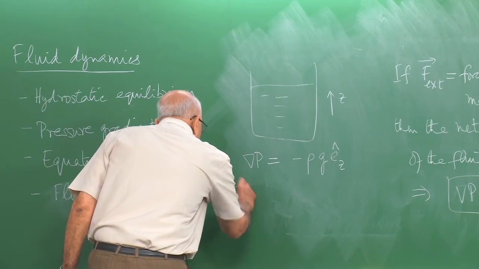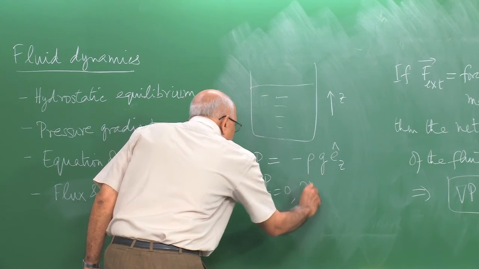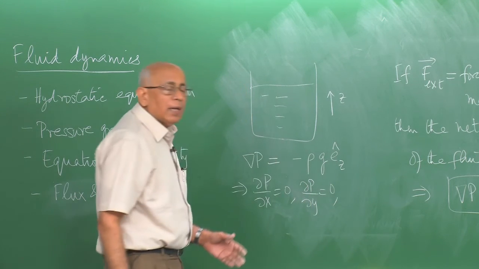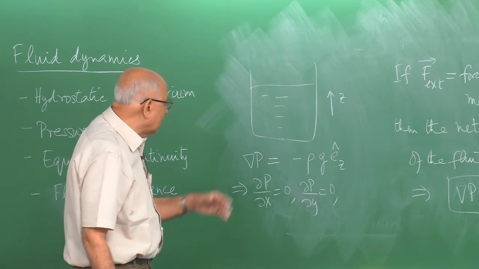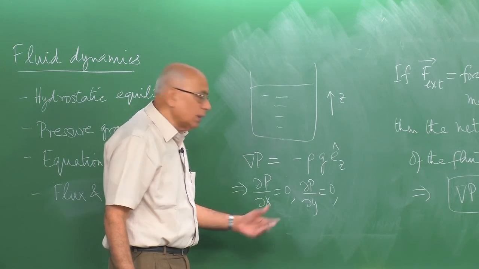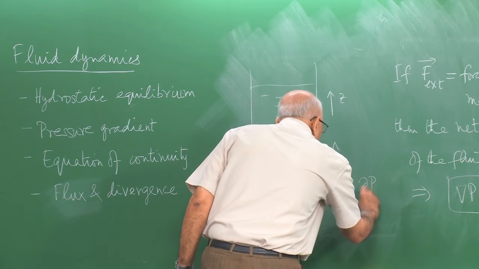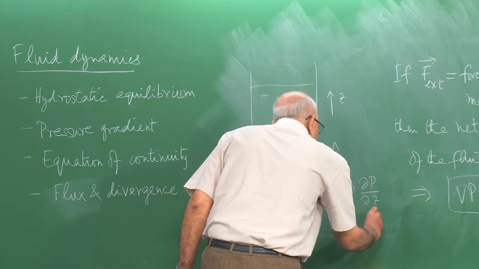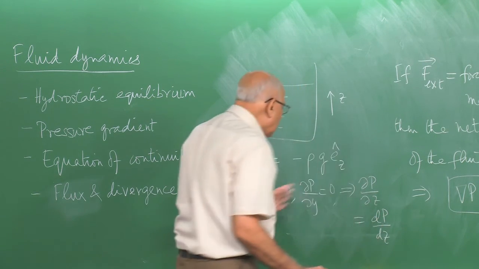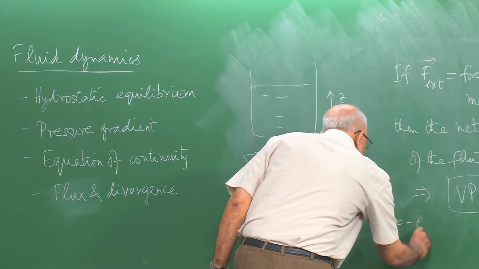So this implies that delta p over delta x equals 0, delta p over delta y equals 0, which means that p is really a function only of z, because there is no dependence on x, no dependence on y at all. So delta p over delta z is the same as dp over dz, and this is equal to minus rho g.